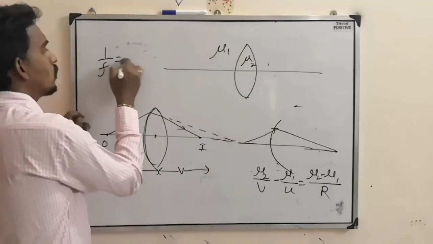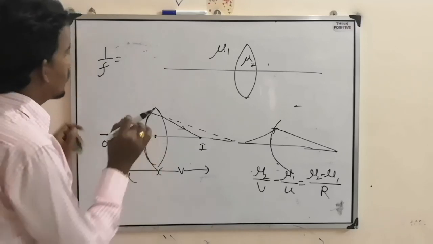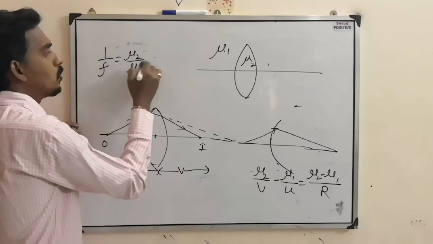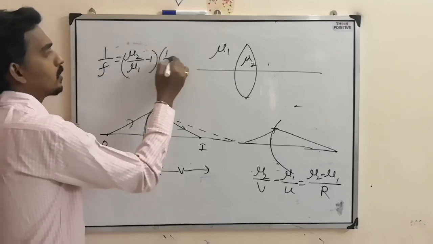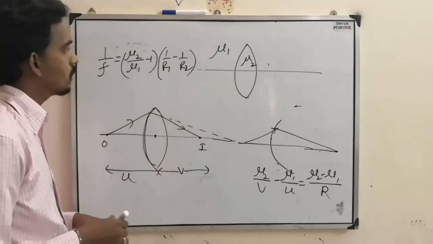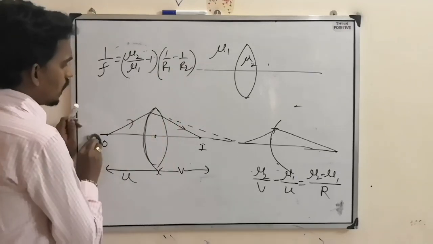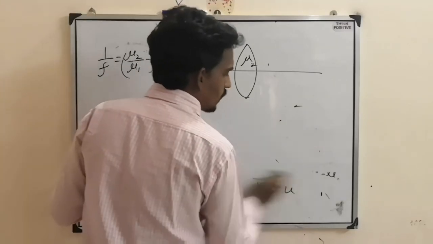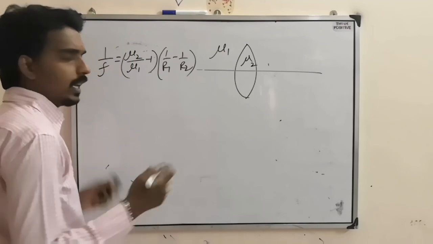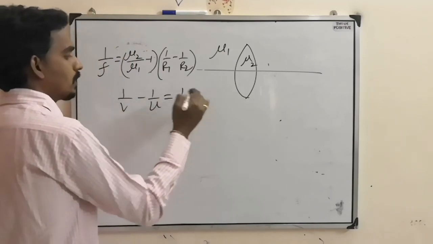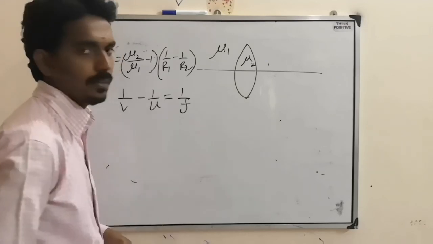The first thing you should know about the lens is the focal length of a lens, that is 1 by f equal to (mu2 by mu1 minus 1) times (1 by R1 minus 1 by R2). So this is the first thing. Next, the formula we will derive is the relation between object and image distance, that is 1 by v minus 1 by u equal to 1 by f.